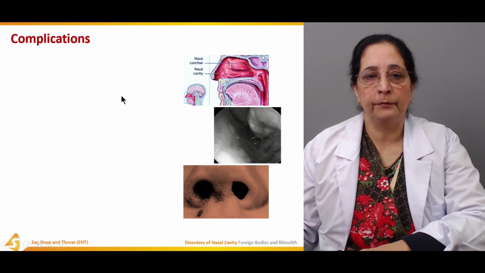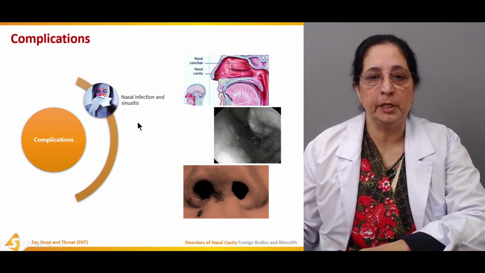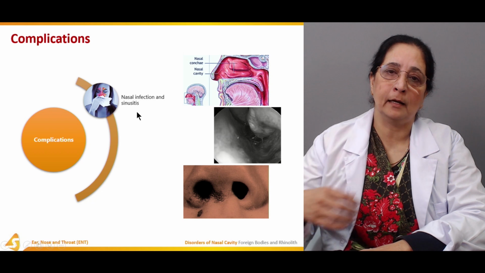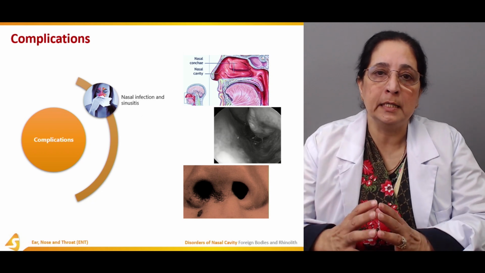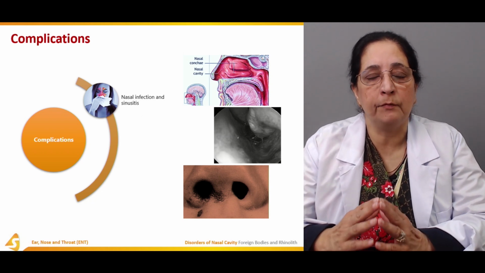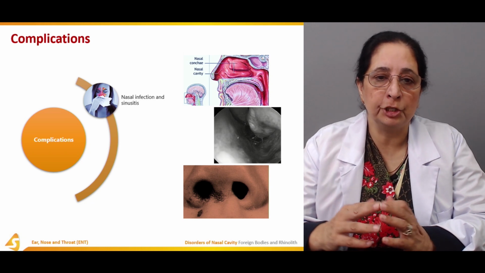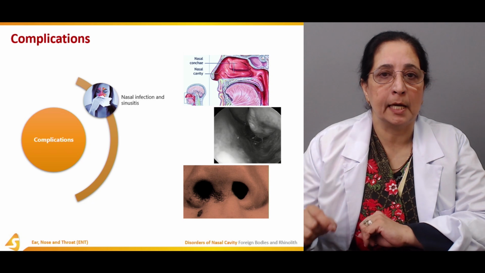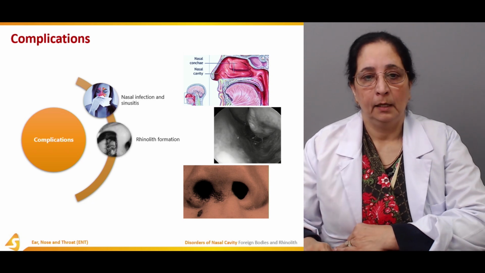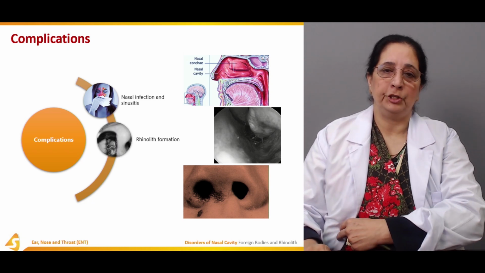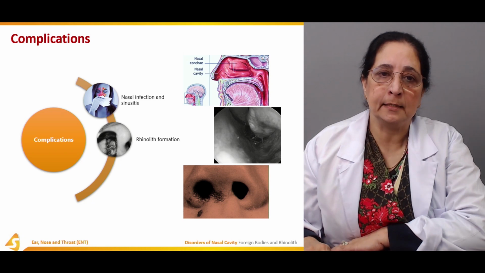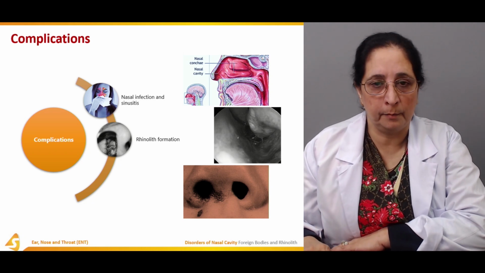Complications of the foreign bodies: usually nasal infections can occur if the foreign body is present in the cavity for a long time. It can cause infection and then sinusitis can occur. Rhinolith formation can also occur as a result of foreign body.